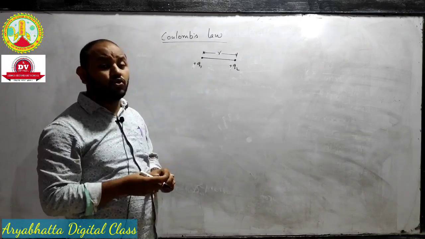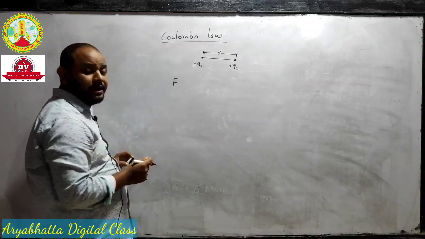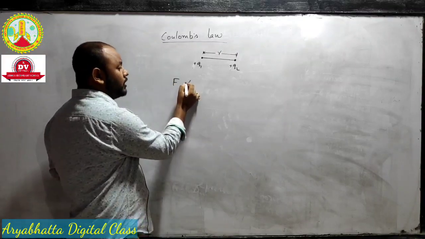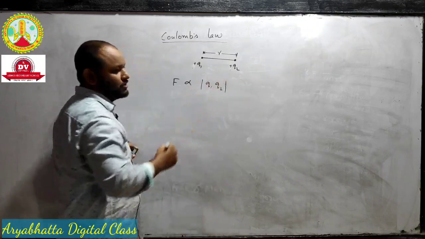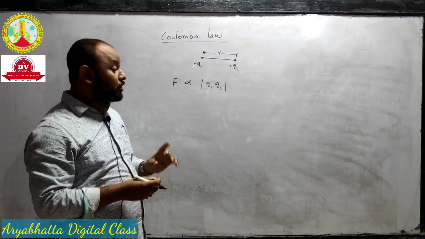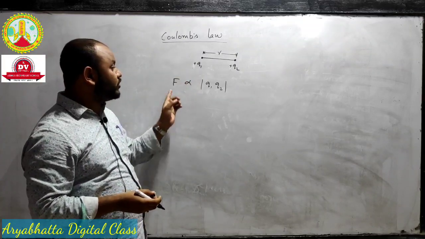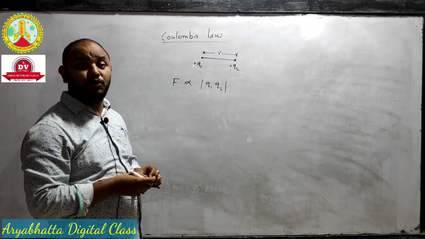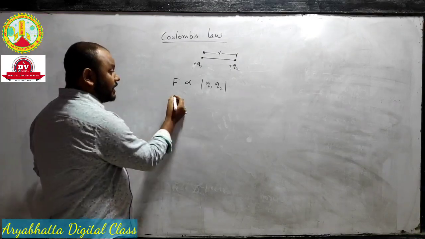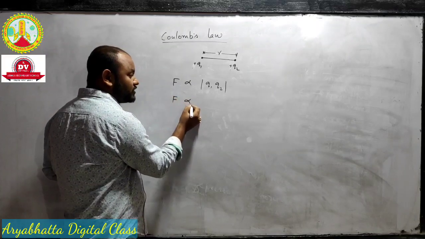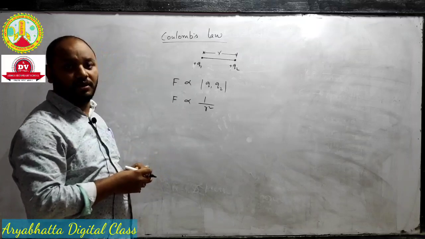According to Coulomb's law, the Coulombic force F is directly proportional to the product of the magnitude of the surfaces. So remember, the Coulombic force between the two surfaces is directly proportional to the product of the magnitude of the surfaces, and inversely proportional to the square of the distance between them.